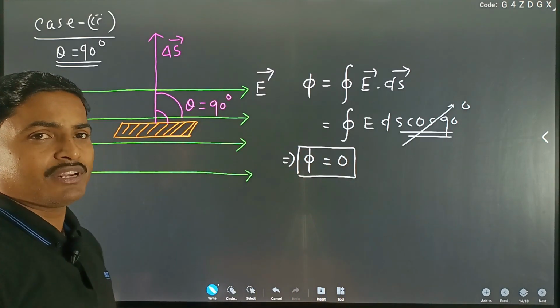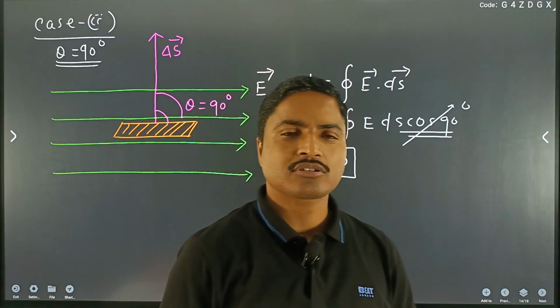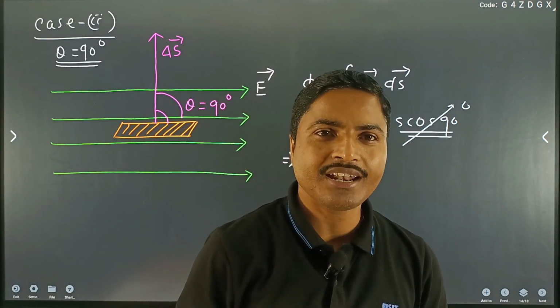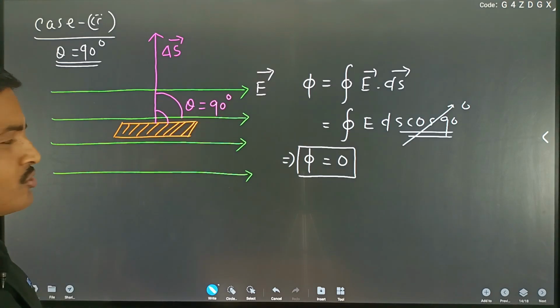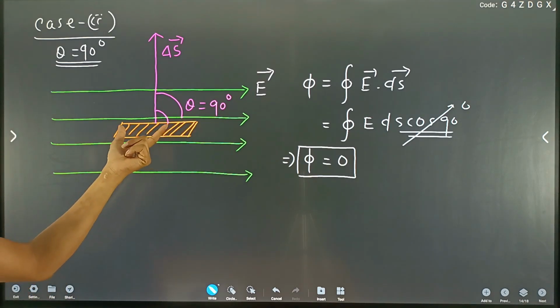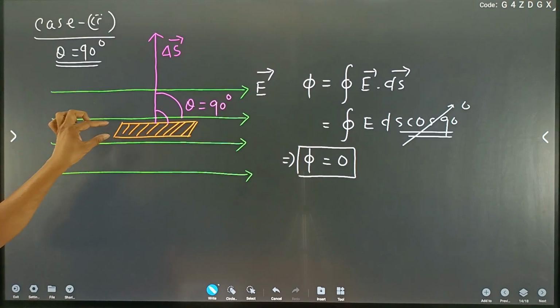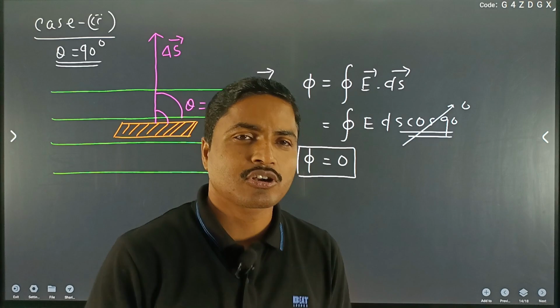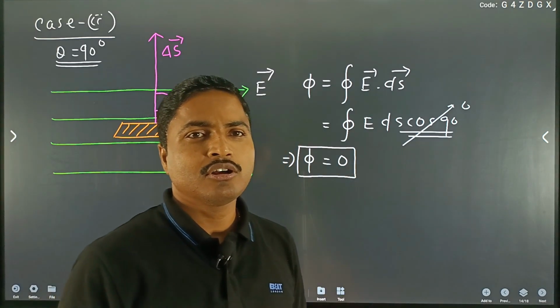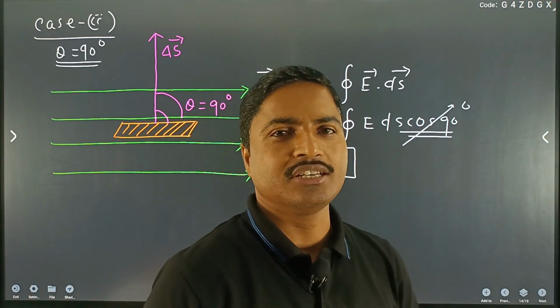Phi is equal to 0 means no lines of force, no electric field lines, cross through this small area element. And in this figure also, look at the figure. Here this is the small area element, and in this small area element, the number of lines of force crossing is equal to 0. So we write flux is 0.